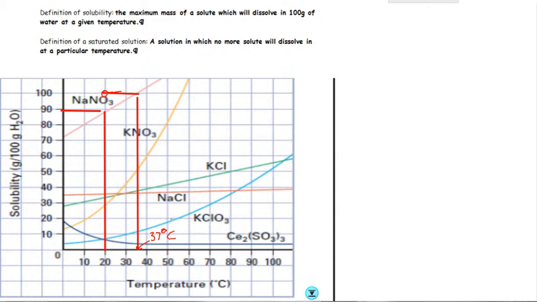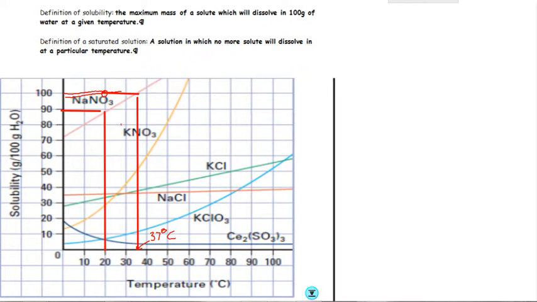So if I wanted to get 100 grams of this substance to dissolve, I would have to heat the 100 grams of water up to about 37 degrees Celsius, and at 37 degrees Celsius all of that 100 grams of sodium nitrate would of course dissolve.